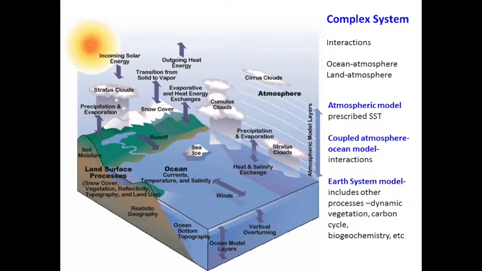And another inclusion is the carbon cycle. So we need to know the sources and the sinks of the carbon to try to represent the real climate. And this is included in an Earth system model.